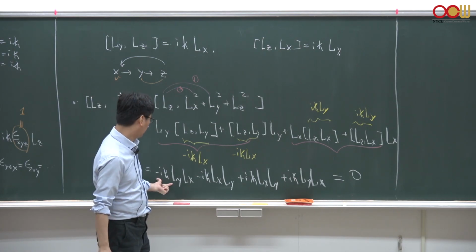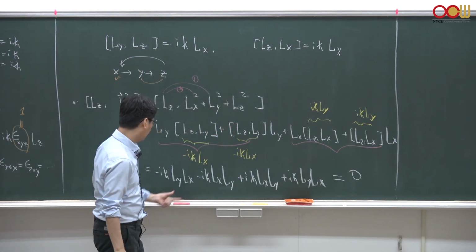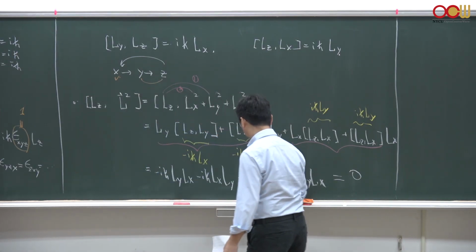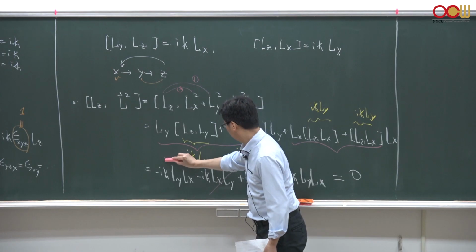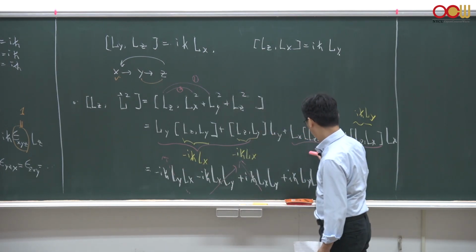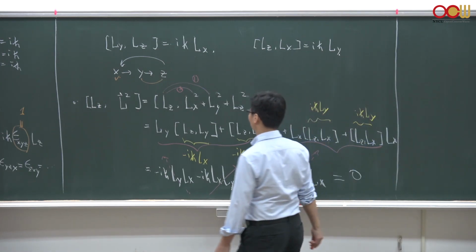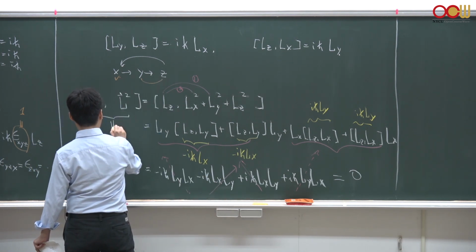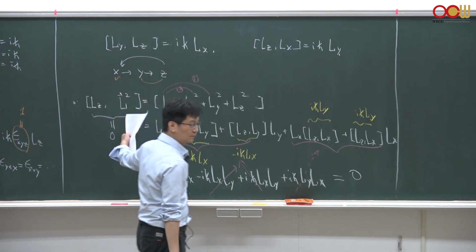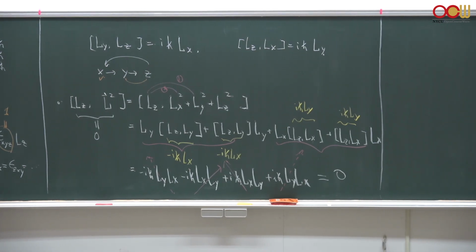So this minus i h bar Ly Lx is cancelled by the plus counterpart, and these two get cancelled, right? So you get 0. Okay, which means that these two operators do commute. We discover a new vanishing commutator between two of these five operators that we just mentioned.